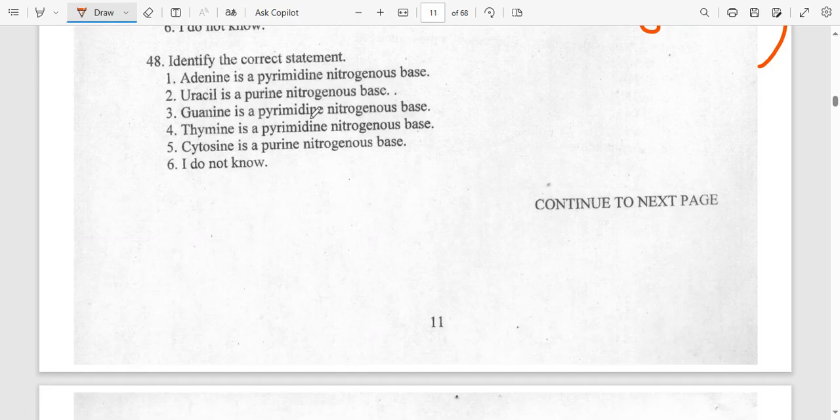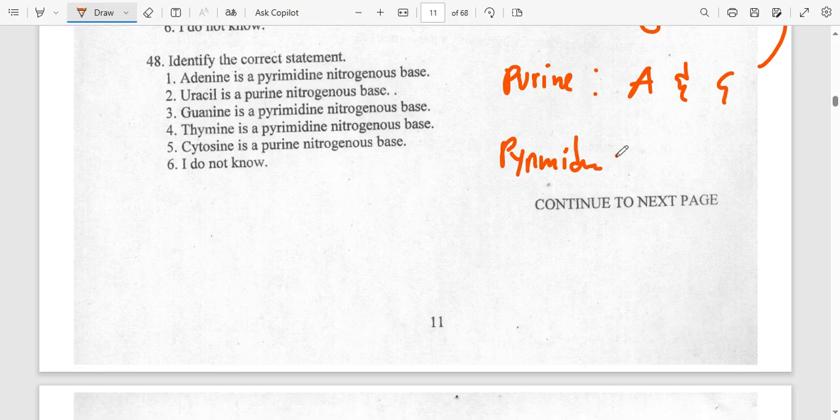Identify the correct statement. Adenine is a pyrimidine. So when you talk about pyrimidines and purines, for purines, think of pure as gold. Purines: you have got adenine and guanine. And then pyrimidines, you have got U, T, and C. Put C. The P from pyrimidine, put C. So adenine is a pyrimidine, that is not correct.